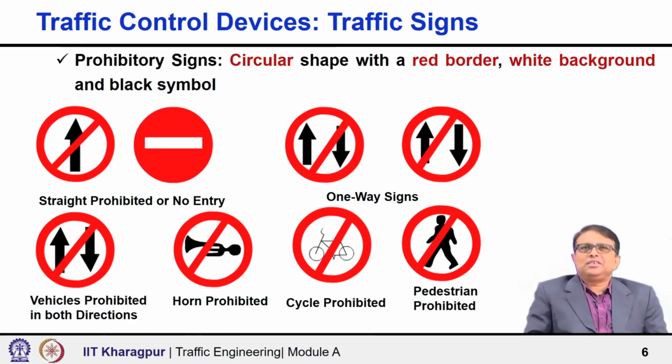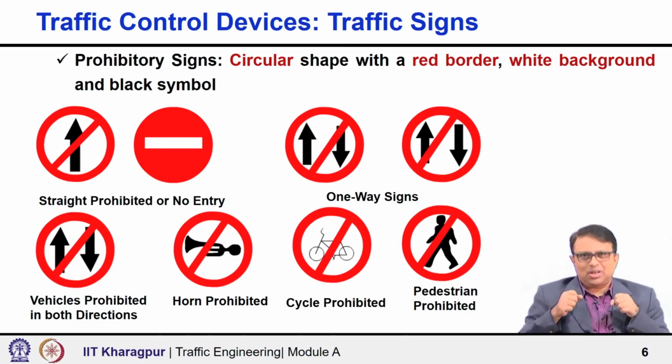All these prohibitory signs are circular in shape with a red border, white background and black symbol, and if there is a prohibition, it is not allowed, that is shown by a diagonal cross line passing through the symbol. For example, the first one shows straight prohibited. So, the circular red border, white background, black symbol arrow and then there is a cross line, that means in that direction movement is not allowed.